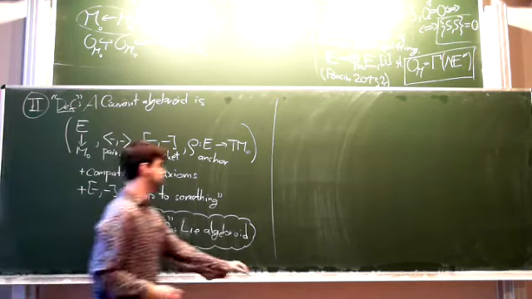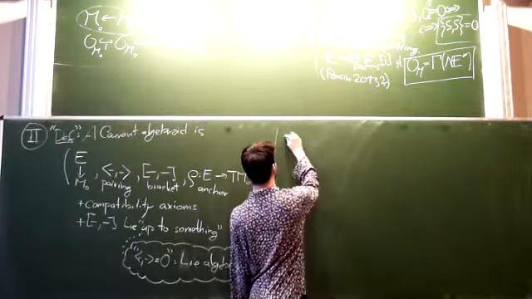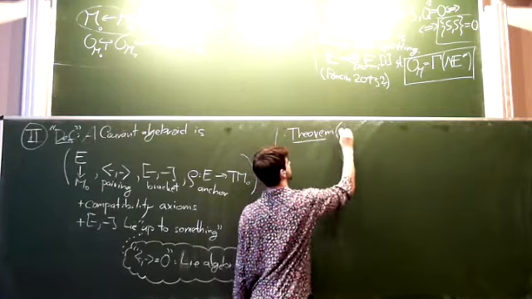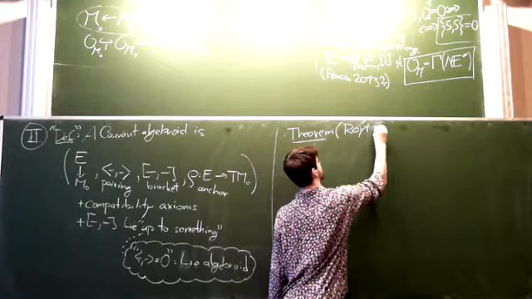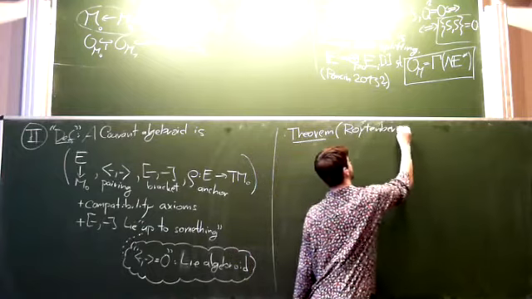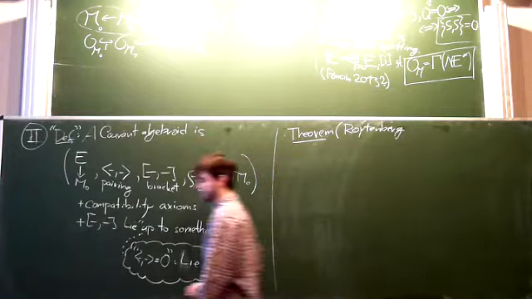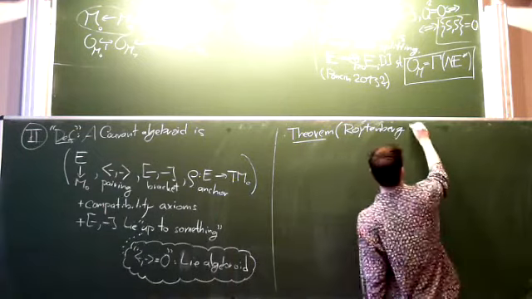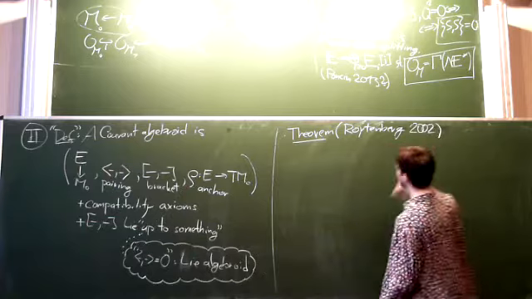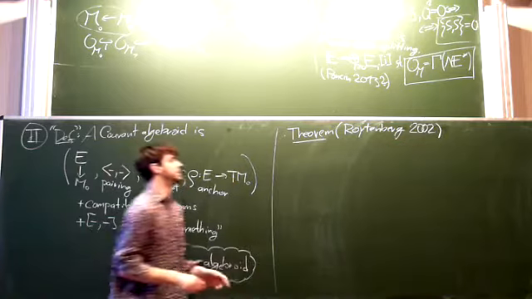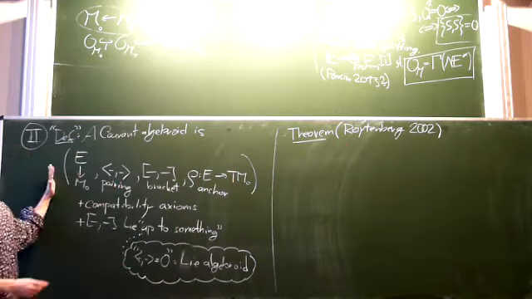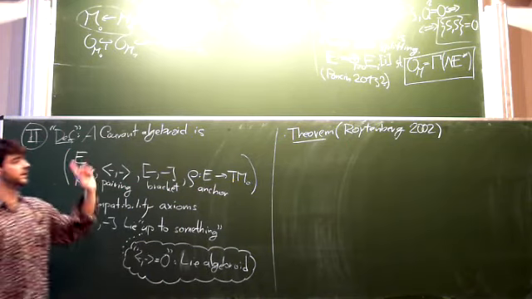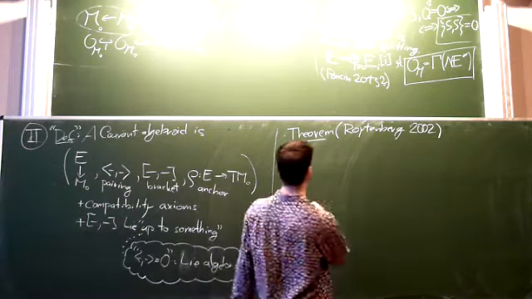Yeah, and the first main theorem, by Roytenberg from 2002, is that Courant algebroids are in one-to-one correspondence with NQP manifolds of degree 2.